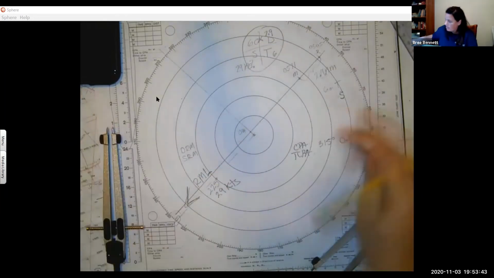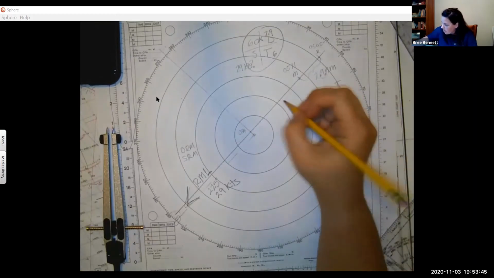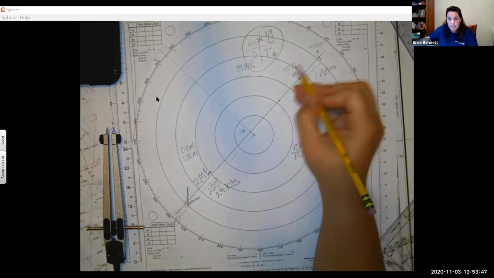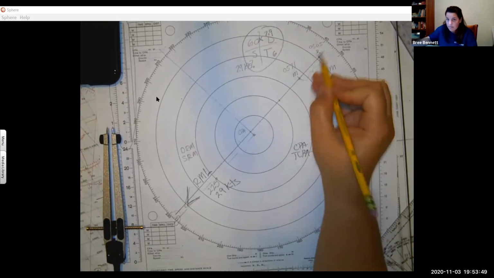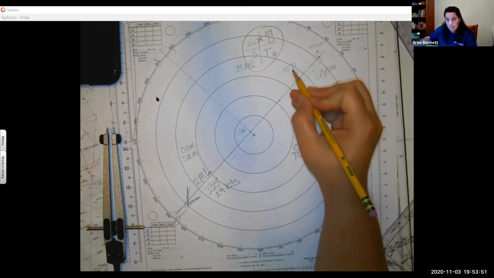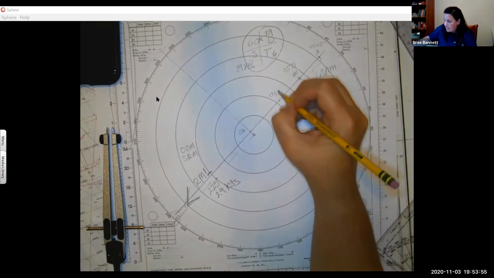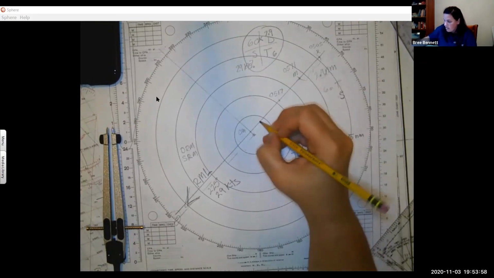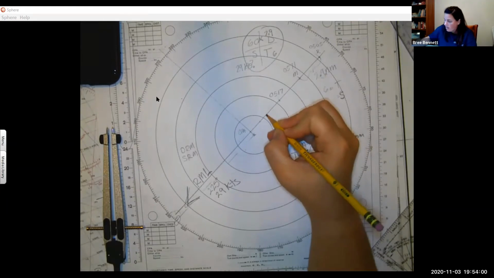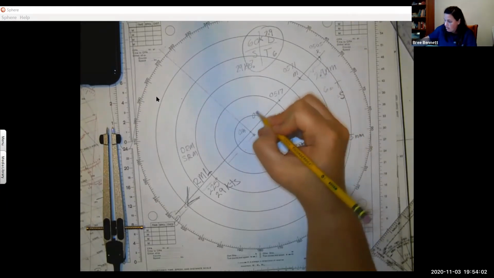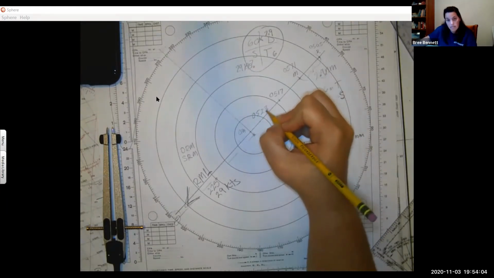So I know that was a light mark here. At this point, if this was 5:05, this was 5:11, 6 minutes later, this is going to be 5:17. 6 minutes later, this is going to be 5:23.